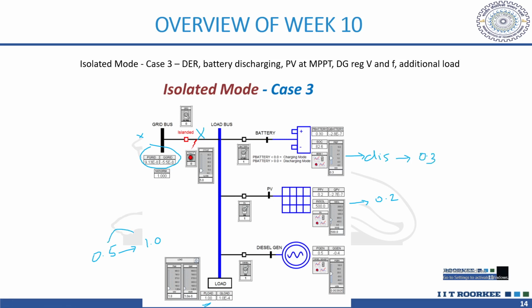So this additional 0.5, who's going to provide? Obviously the diesel generator. Yes, sir, correct. So you can see here from the earlier case, rest are same, but now the additional 0.5 increase in load was met by this DG.